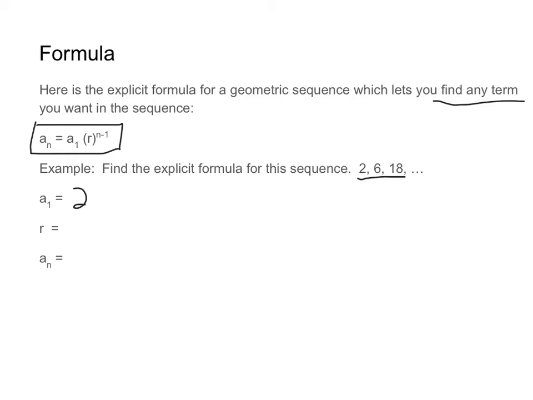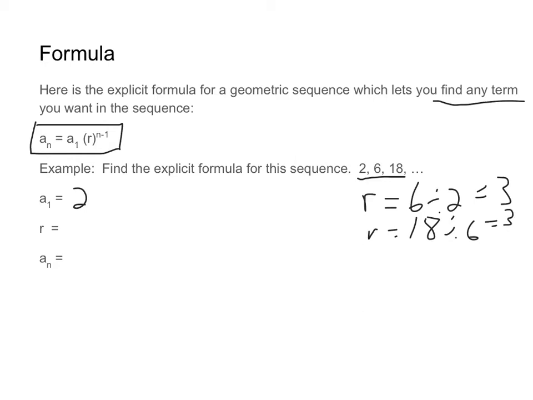But if it's something a little complicated with a decimal somewhere in there, an easy way to find r is to do 6 divided by 2, the second term divided by the first. Obviously that's 3, or you could do 18 divided by 6, the third term divided by the second.